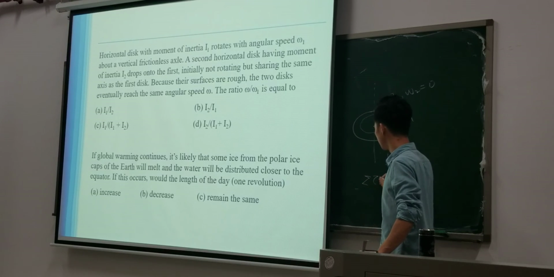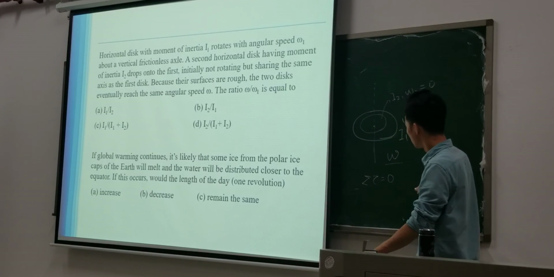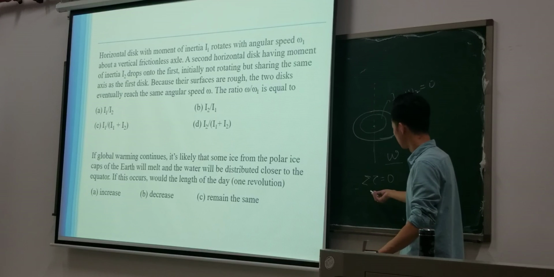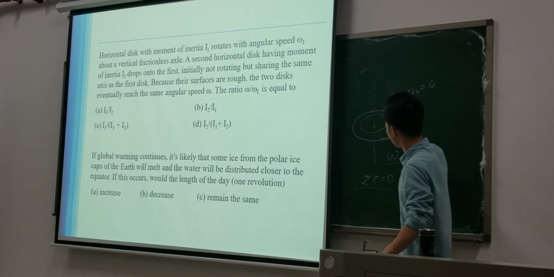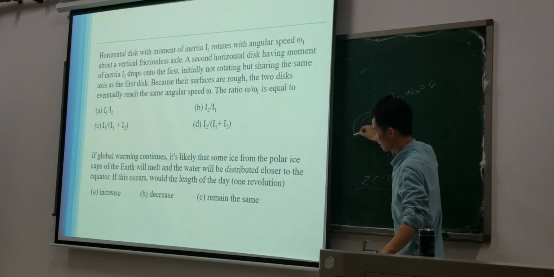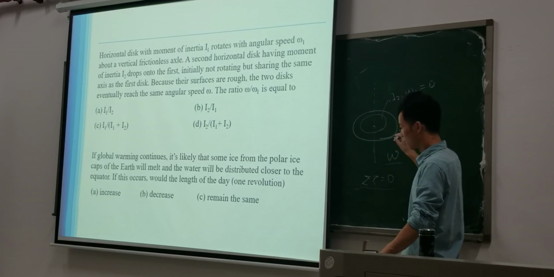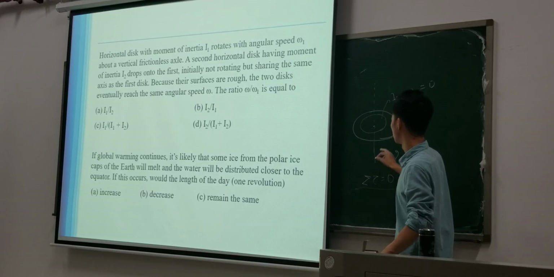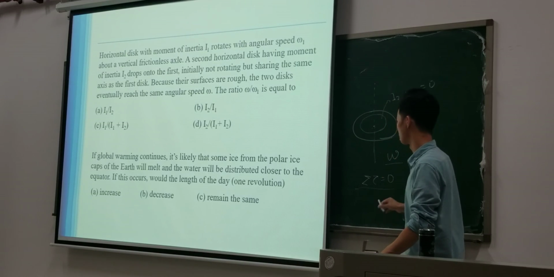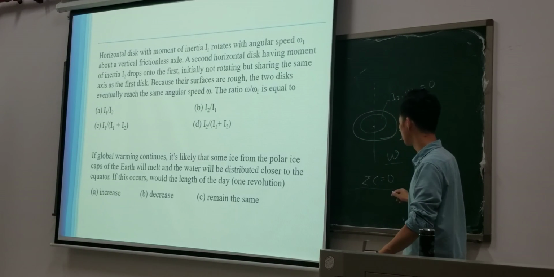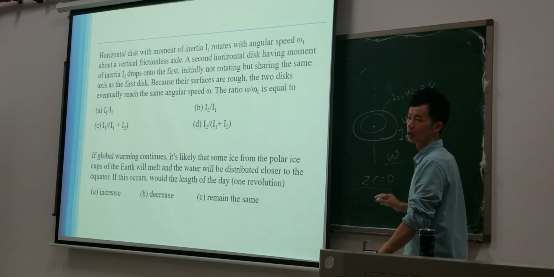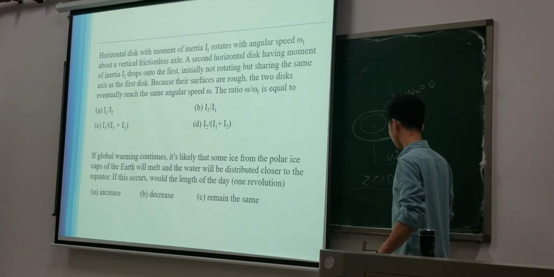We should know the torque is acting on the whole system. The system is composed of disk 1 and disk 2. So the net torque acting on the system is 0. So the angular momentum of the system is conserved.